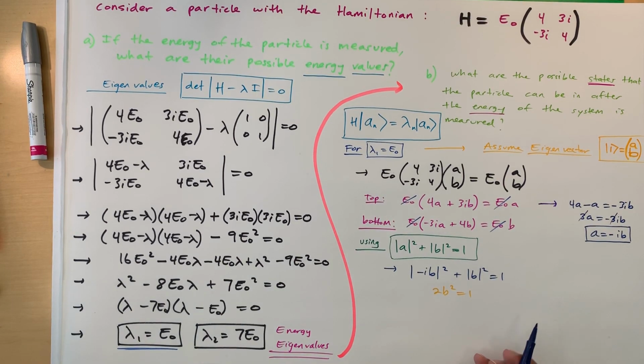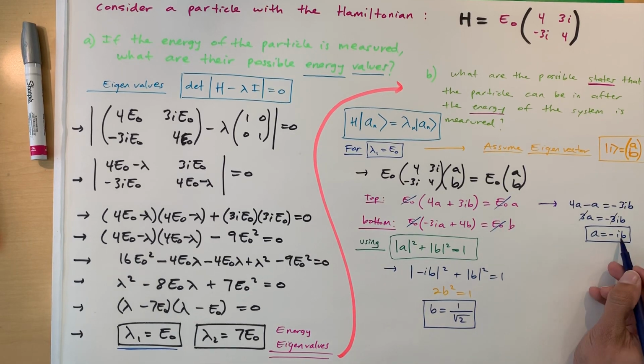So we have this for b, and finally we have b is equal to 1 over square root of 2, which is our true value. And with that, now we can plug this into here.